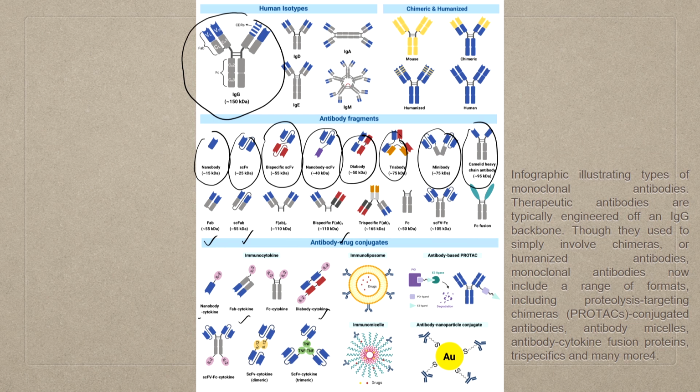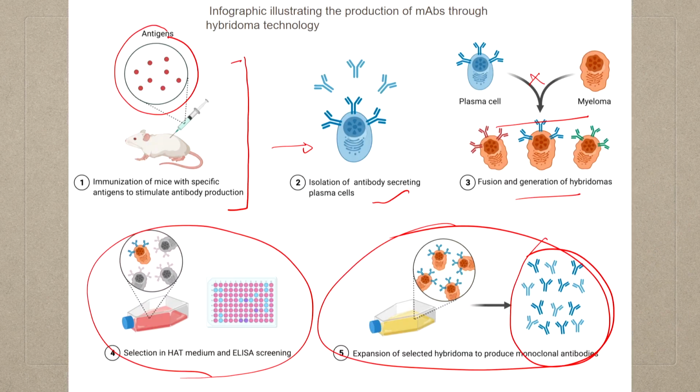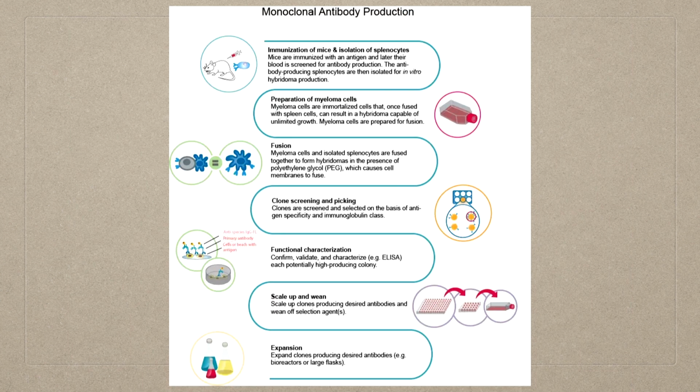So to summarize, before I move on to the next part, this is where the hybridoma technology started, and even before. So this is where we started this class: immunization process, fusion process, or the preparation of myeloma cells, clone screening and picking, functional characterization, scale up, and expansion.